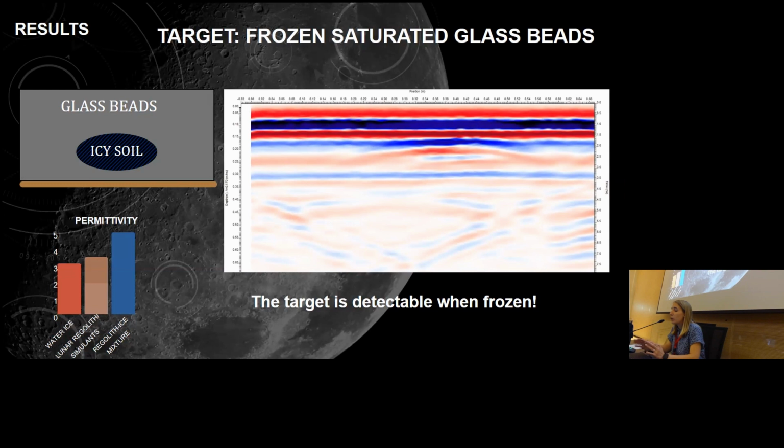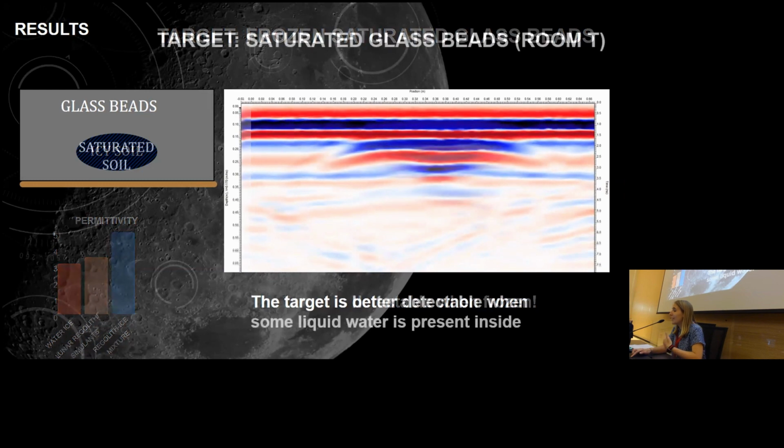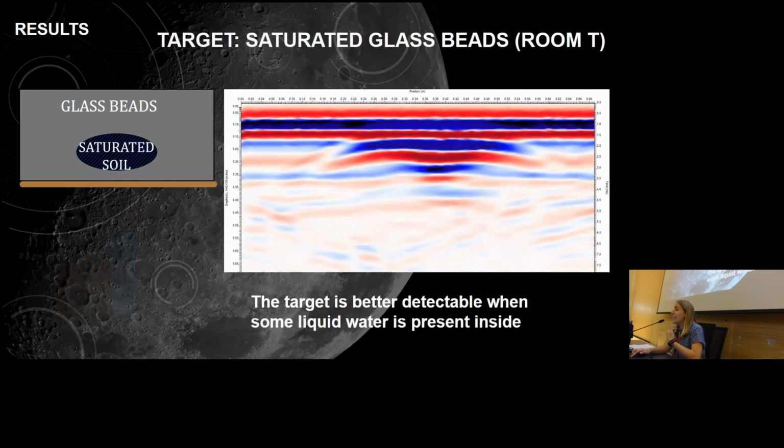The difference between this scenario and the previous one is related to the permittivity contrast, which in this case is higher compared to the previous one, and this allows the detectability of the target itself. The detectability is even more highlighted when we let the target melt, and of course the presence of liquid water enhances the reflection, giving a very, very bright hyperbola.